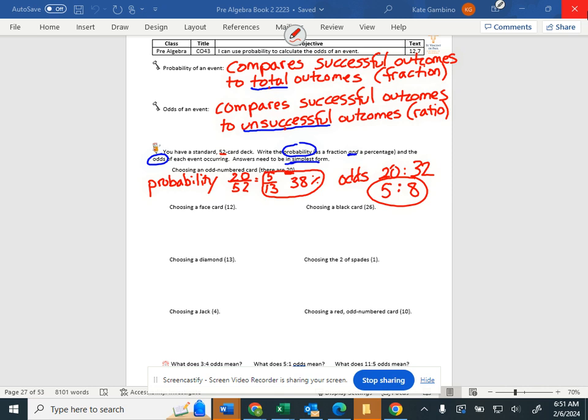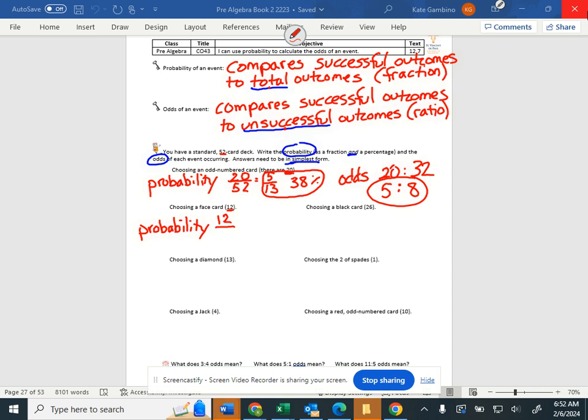So let's look at another one. What is the probability of choosing a face card? We know that there are 12 face cards in a standard deck of cards. The Jack, the Queen, the King of Hearts, Spades, Diamonds, and Clubs. So we know that there are 12 successful outcomes that we can pull.